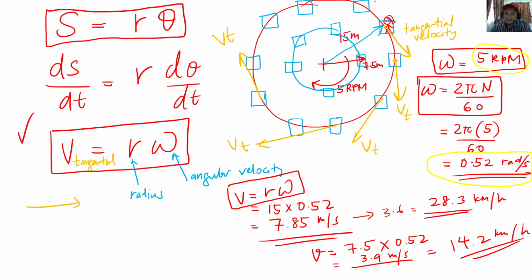So, the further you are from the center, the faster you are traveling. If you are here, you feel half the speed, half the tangential speed. If you are here at the center of the whole thing, you get 0 velocity. So that's the thing lah. So what else can we do?